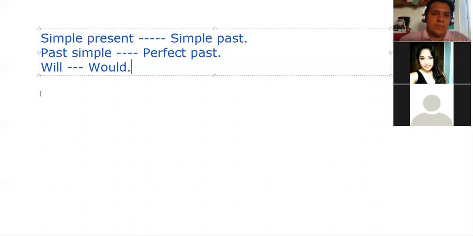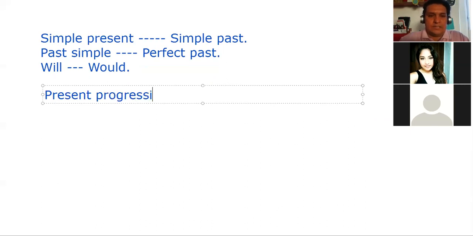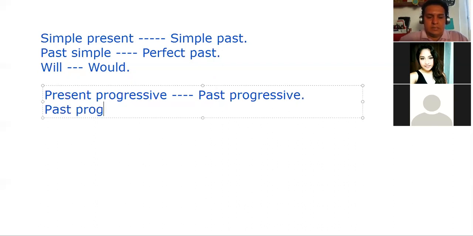Now let's go with the continuous. Present progressive changes to past progressive. Past progressive changes to past perfect progressive.